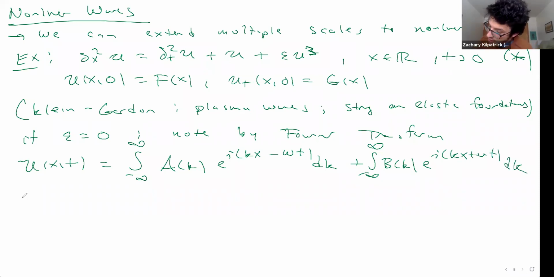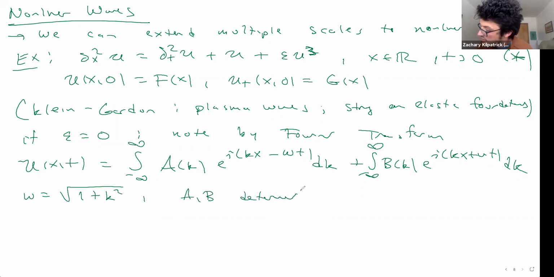And omega equals the square root of 1 plus k squared. And A and B are going to be determined by our initial conditions.